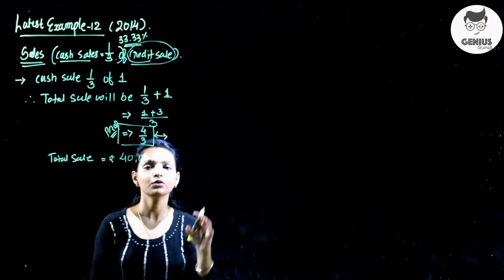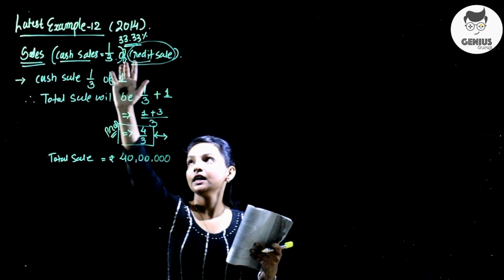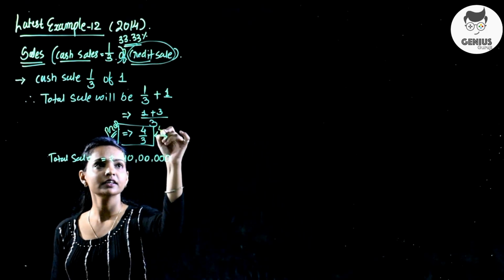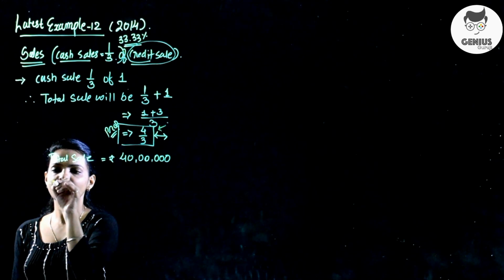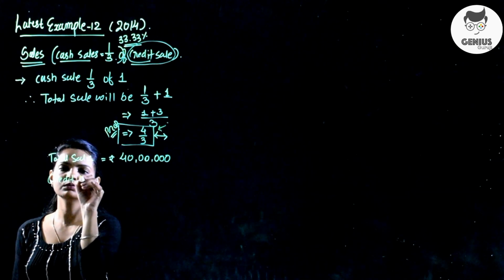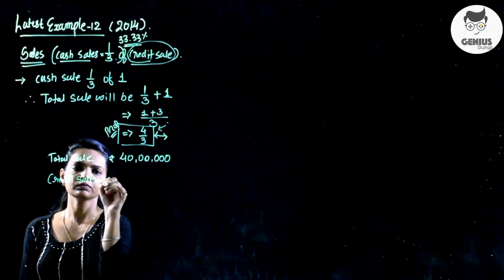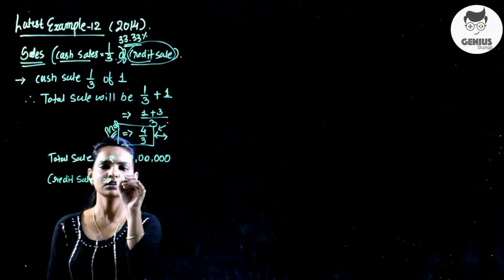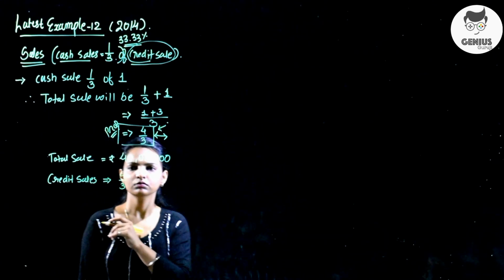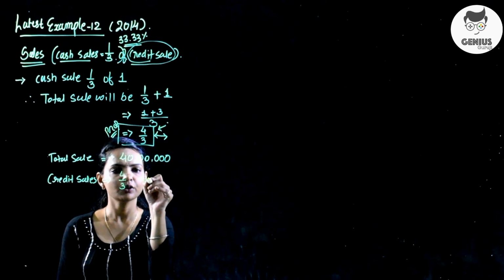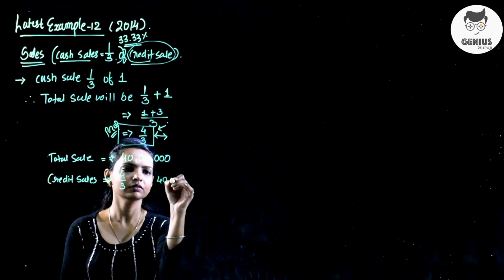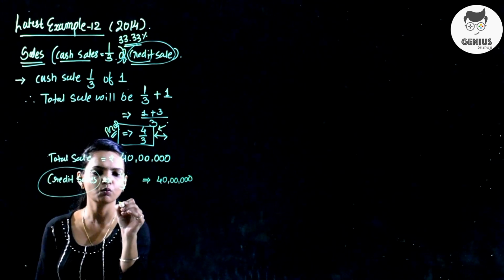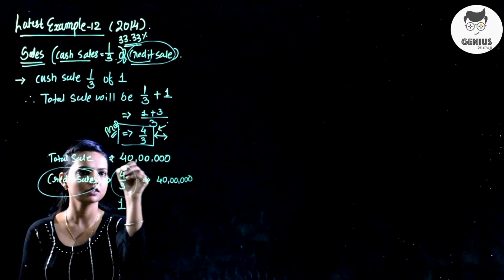Now if I want to find cash sale and credit sale separately, at that time I have to divide by this proportion. So credit sale is equal to, see, if your total sale is rupees 40 lakh, your credit sale is one proportion of this.